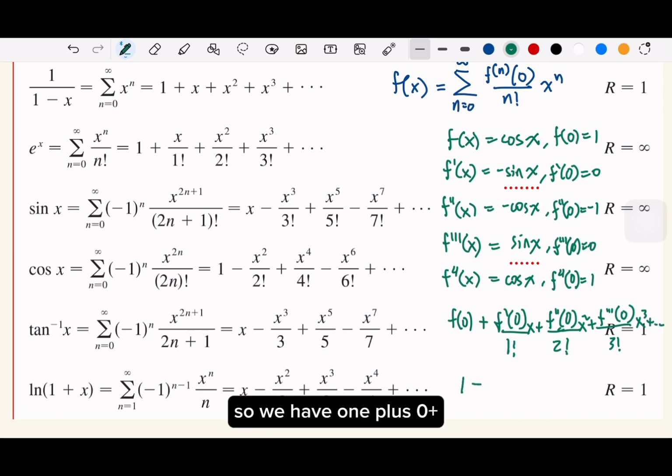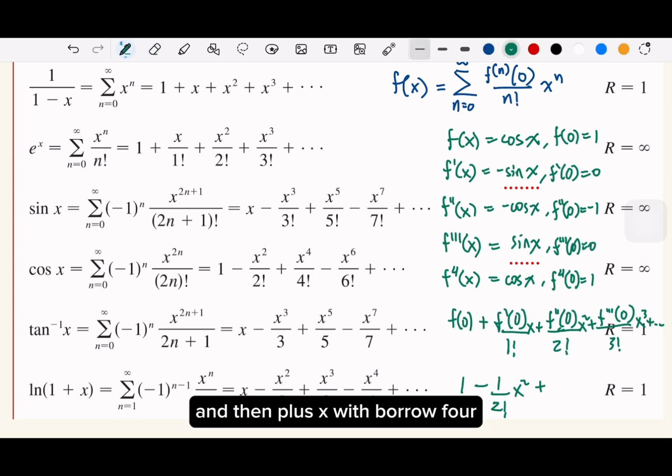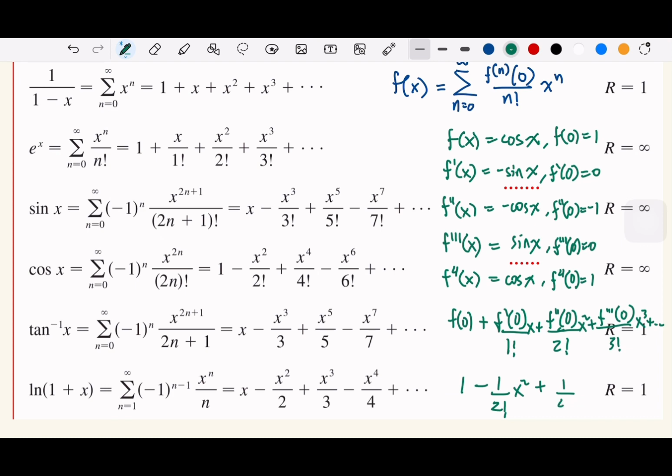So we have 1 plus 0 minus 1, and then plus 0, and then plus x to the power of 4, and then minus that.